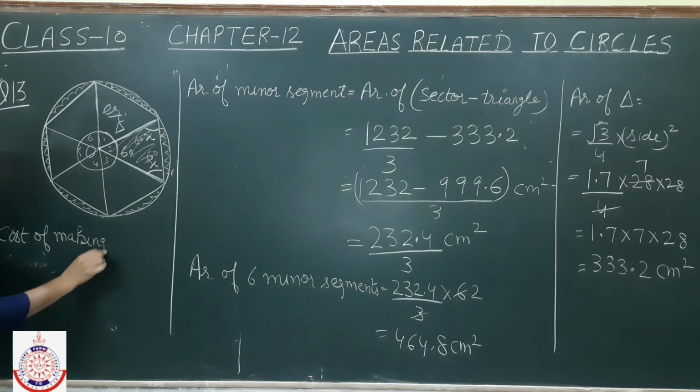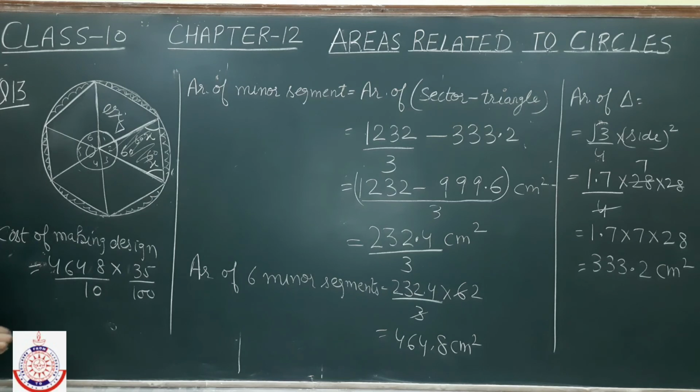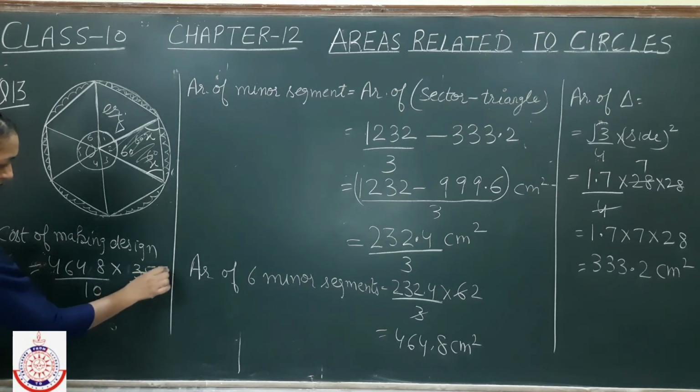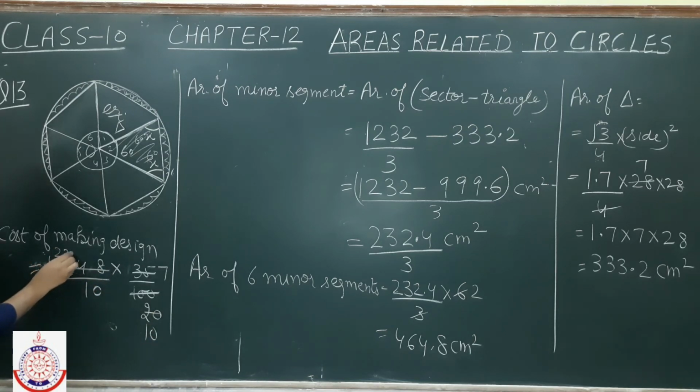Cost of making design is 464.8 into 0.35. So if we remove the decimal, and dividing it by 5, 5 sevens are 35, 5 twos are 10, and then this is an even number, so it got cut by 2.